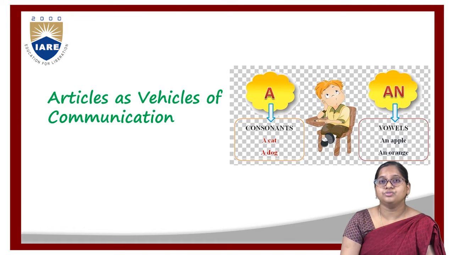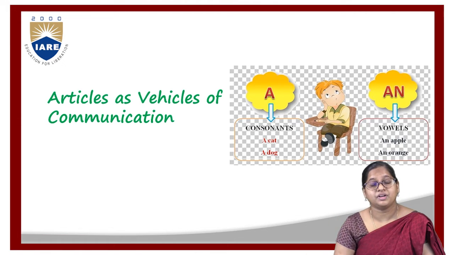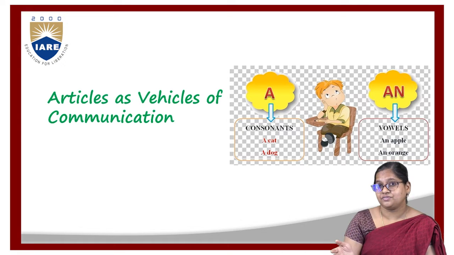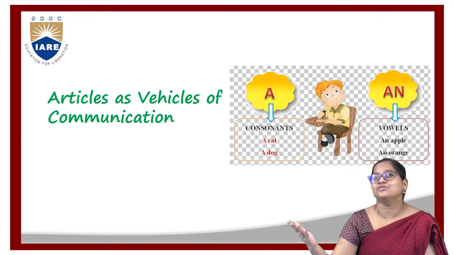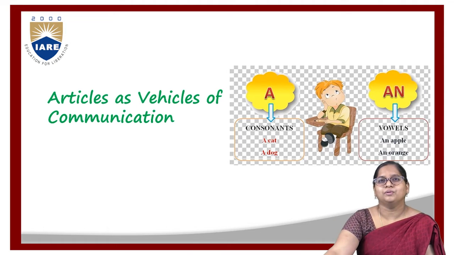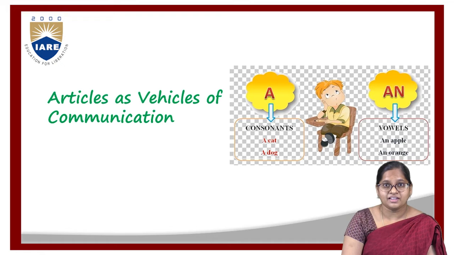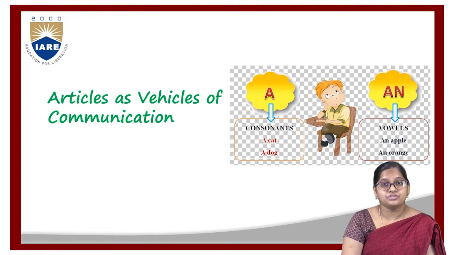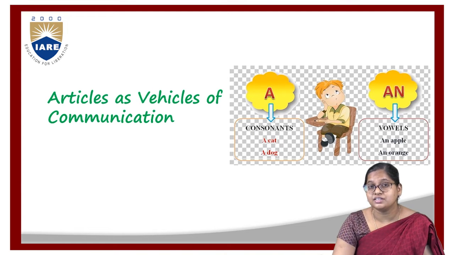Definitely you have to use a and the, and there you can see only two categories, but there is one more category, that is definite and indefinite, and another category is zero article. You should be able to know where to use indefinite a or an, where to use the definite article the, and where to use zero article, that is no article.